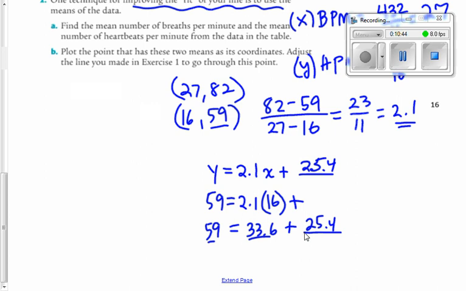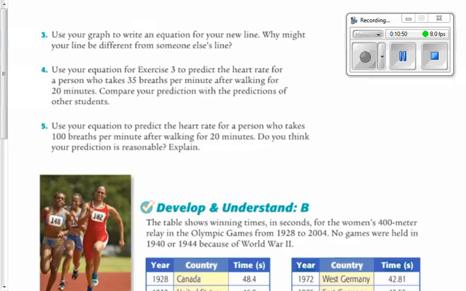Now, I'm going to use that equation, 2.1x plus 25.4, to make a prediction, number 4 here. y equals 2.1x plus 25.4. It says, use your equation to predict the heart rate for a person who has 35 breaths per minute.